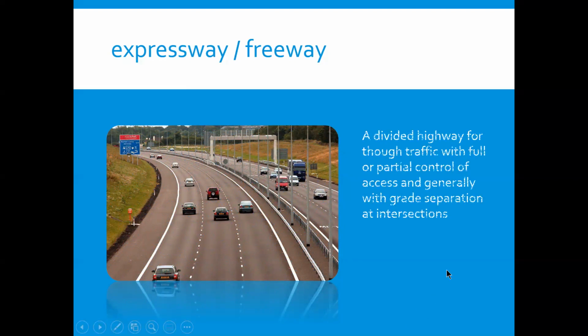There's no difference. The fundamentals are the same. A divided highway for through traffic with a full or partial control of access, and generally with grade separations and intersections. In other words, it's a roadway that would allow a free traffic flow.